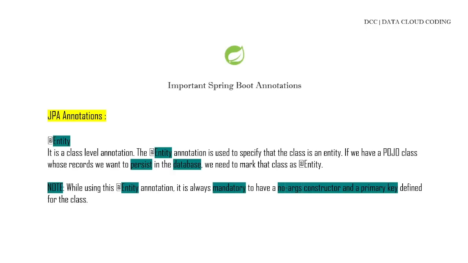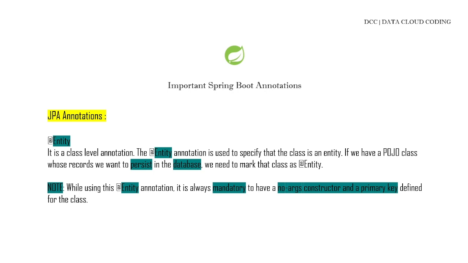Now let's talk about a few important JPA annotations you use whenever you are creating a JPA based Spring Boot application. The first annotation is @Entity. This is a class level annotation, and it is used to specify that this class is an entity.